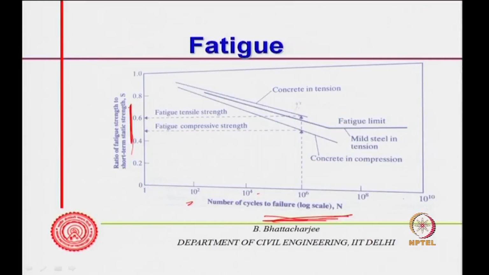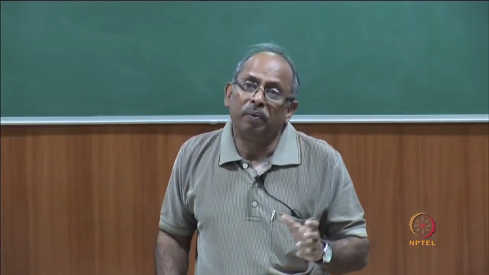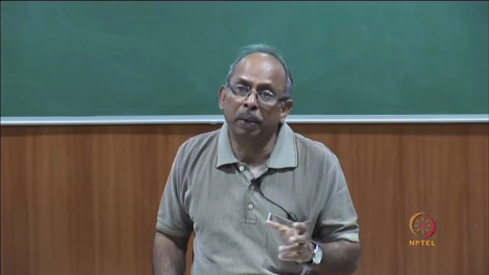In case of mild steel, in tension you do reversal of stresses, but beyond 10 to the power 6 or 7 cycles, the load at which the reversal is occurring is close to 0.4. So, around 250 MPa is the yield strength of mild steel, and the endurance limit is close to 100 MPa.